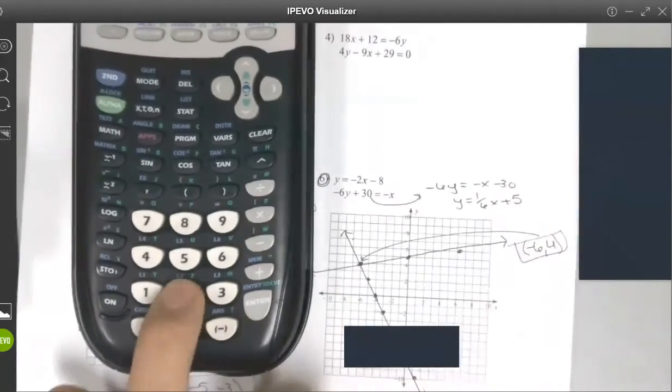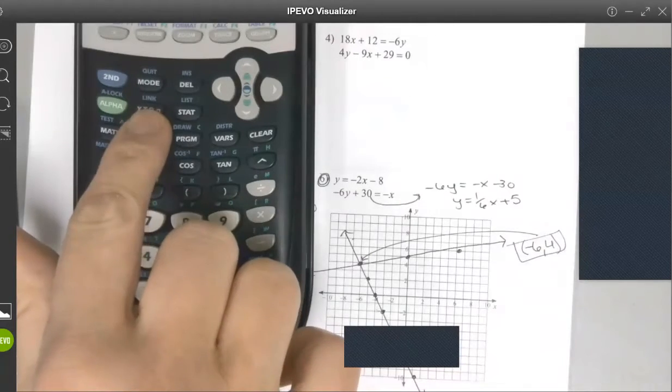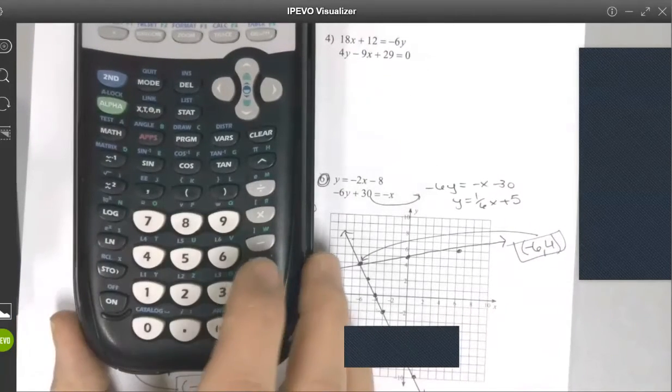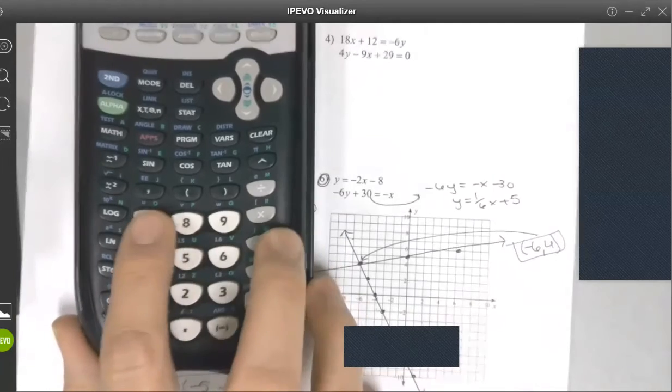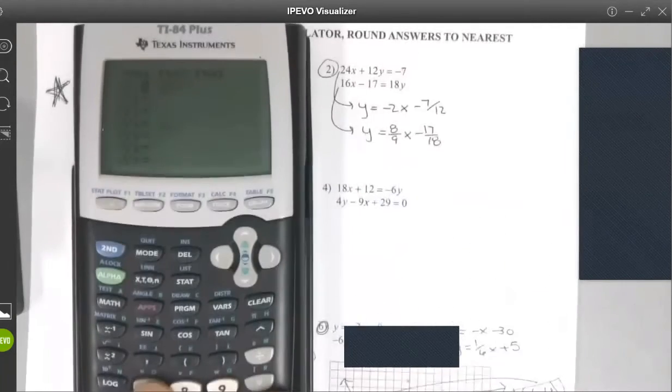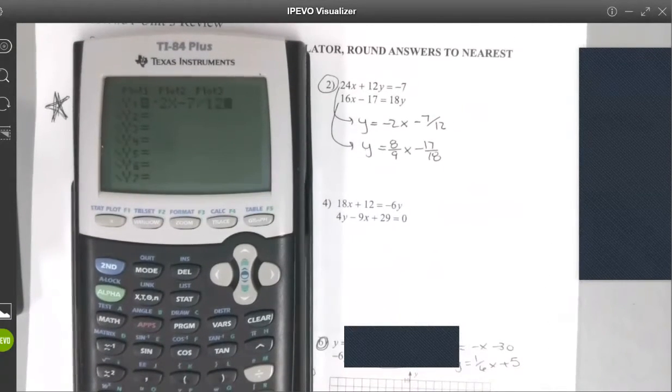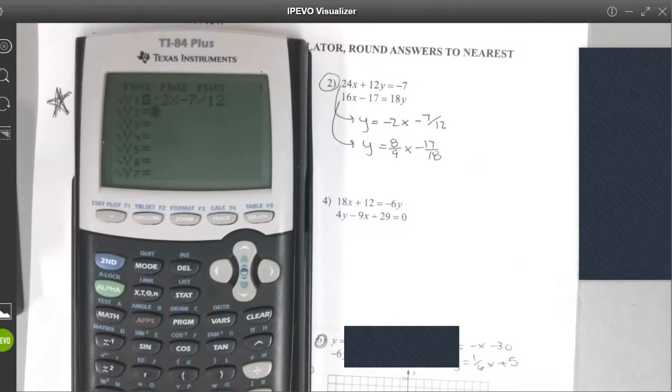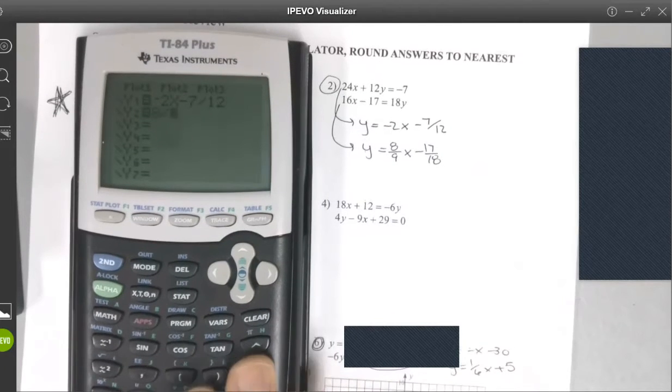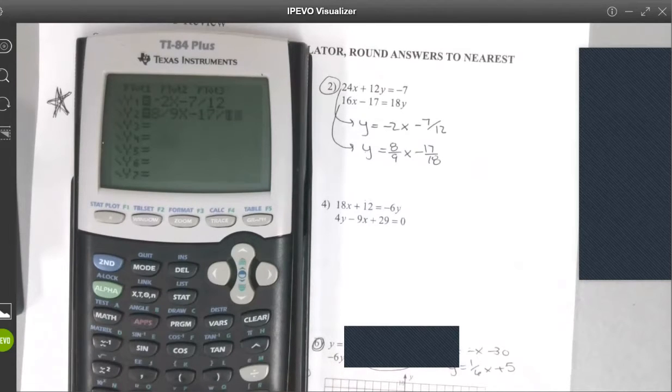I'm going -2x, we're using our x theta n button, subtract, and then for 7/12, I'm going 7 divided by 12. For 8/9 x, subtract 17/18. And to do the fractions, I'm just using the division.